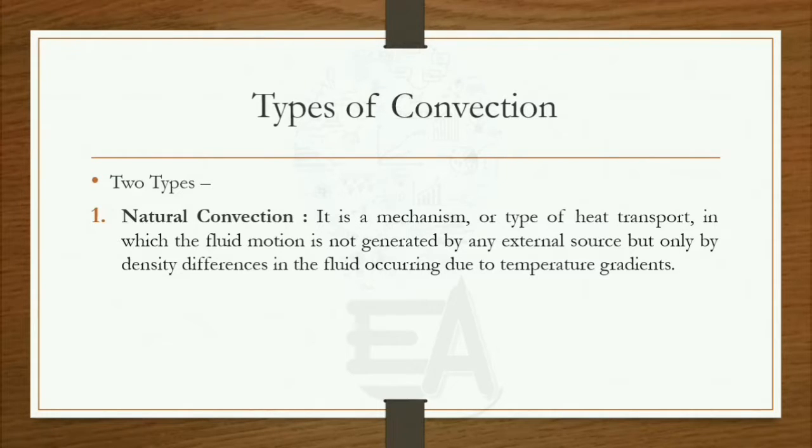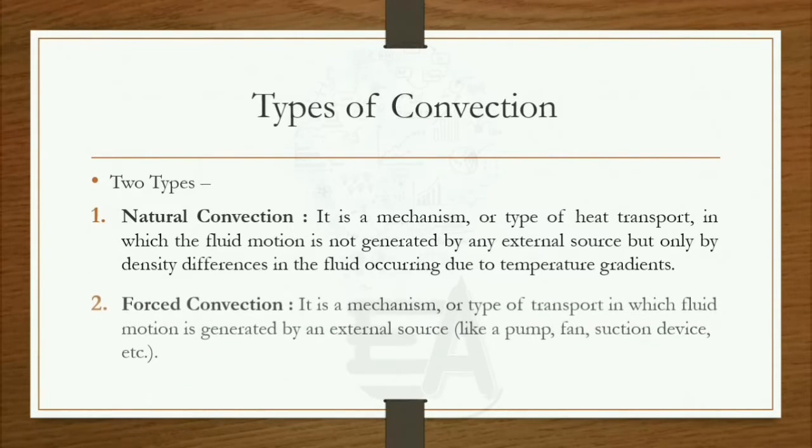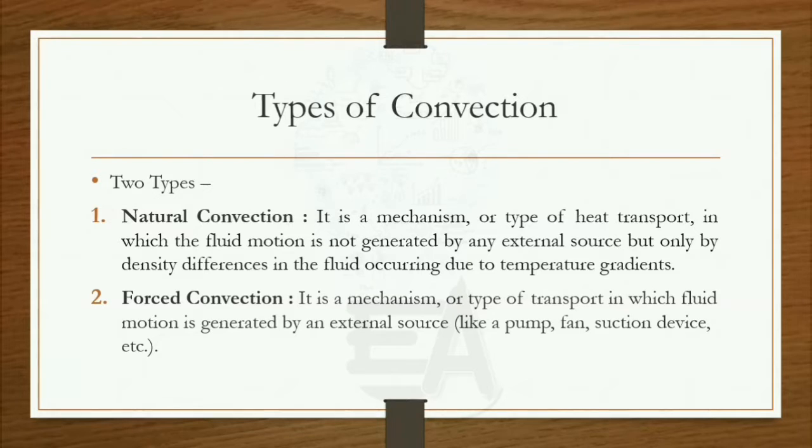For example, as we have taken in convection current, the feel of heat through a campfire, means if you are nearby a campfire, you feel the heat of the campfire. This is due to natural convection. If we go ahead, we have forced convection, which is the second type of convection. It is a mechanism or a transport in which fluid motion is generated by an external source.